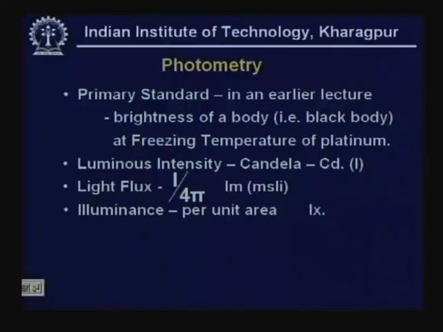So radially away from the source, the light flux is going to be of a similar level. That is expressed as mean spherical luminous intensity, and the effect of this light on any test object is talked of in terms of illuminance per unit area, that is lumens per unit area, which is expressed in lux. Recall that in the last lecture on laws of illumination we defined this.